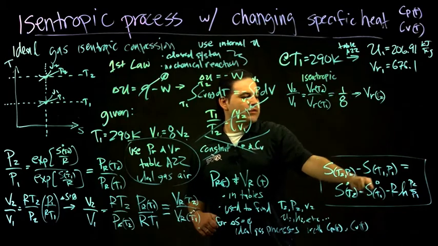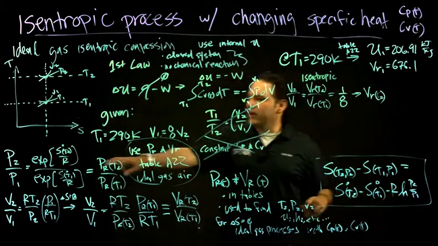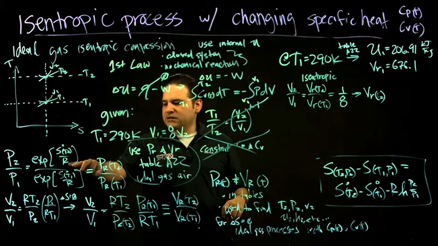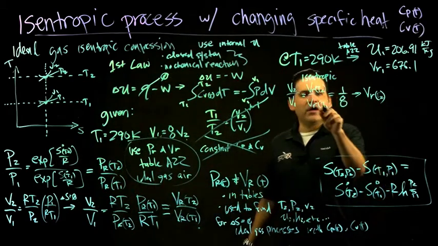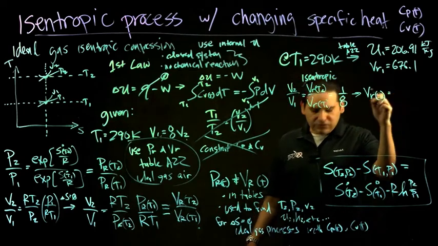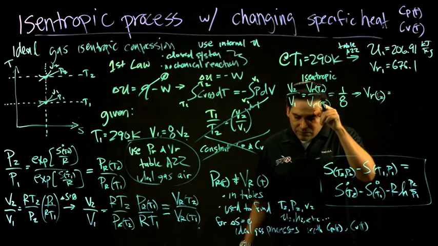Going from there, we can define these relative pressures and relative volumes from the table. So we found this from the table, and that allows us to find VR2.